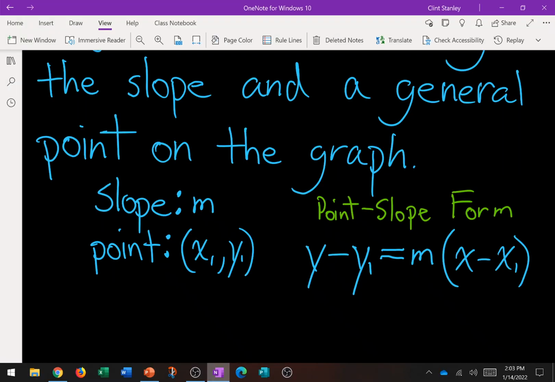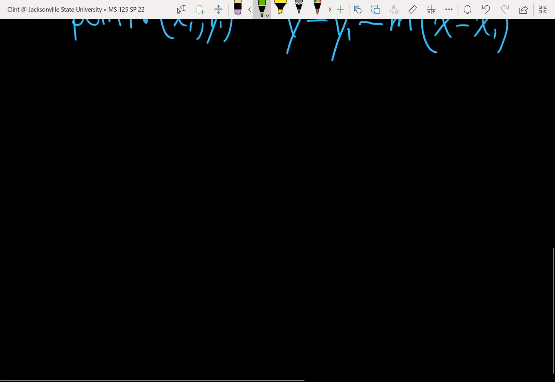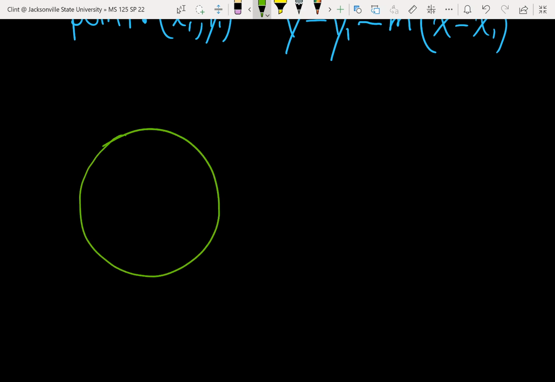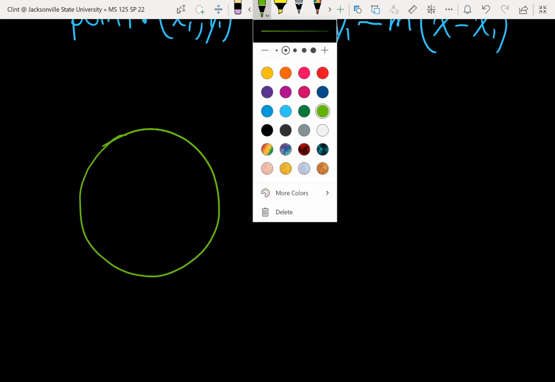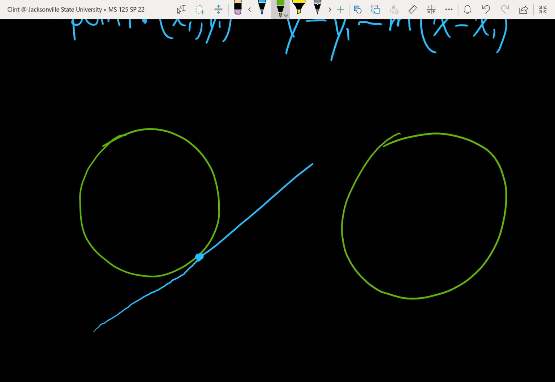I don't remember if I have a slide in here, but we have one other term we need to talk about. We've got our tangent line. If we're going back to thinking about a circle, a tangent line touches the circle at one point. There's another special kind of line that we're going to use that has a special name.